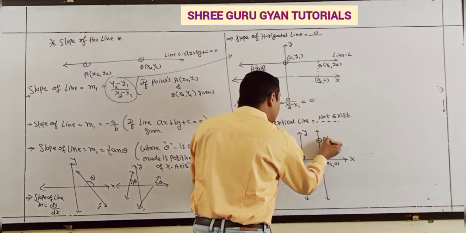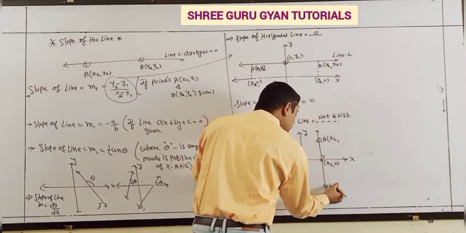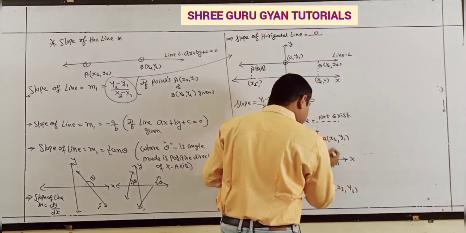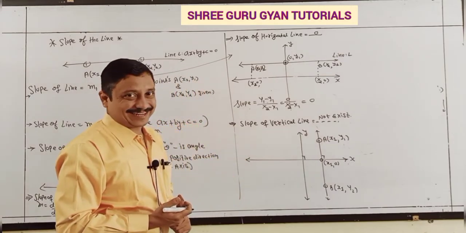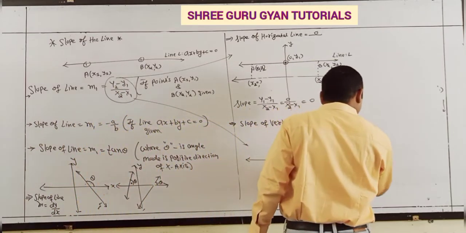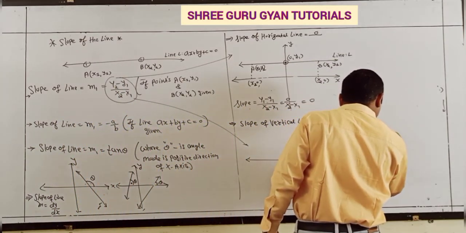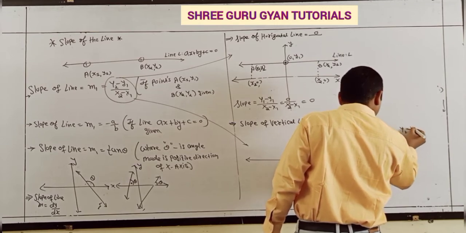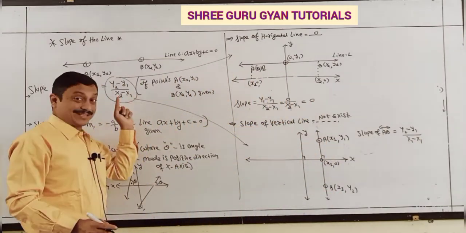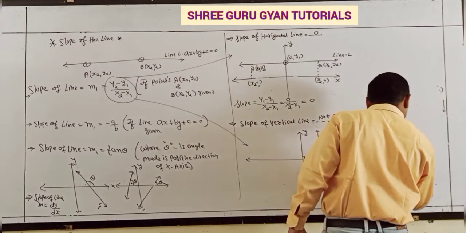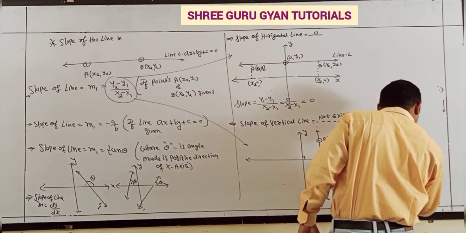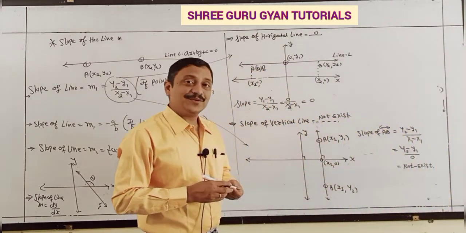So point A is x1, and point B also has x-coordinate x1, and the y-coordinates are y1 and y2. This line is what? A vertical line. Applying this formula, the slope of line AB is very easy: y2 minus y1 by x1 minus x1. Students, here both x1 are the same, so x1 minus x1 gives y2 minus y1 by 0, and it does not exist. That is your case for the slope of a vertical line.